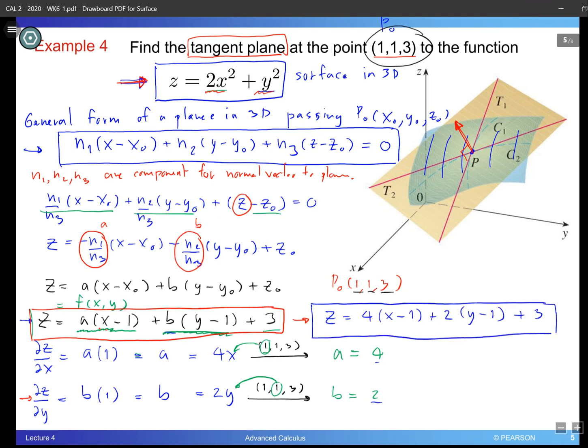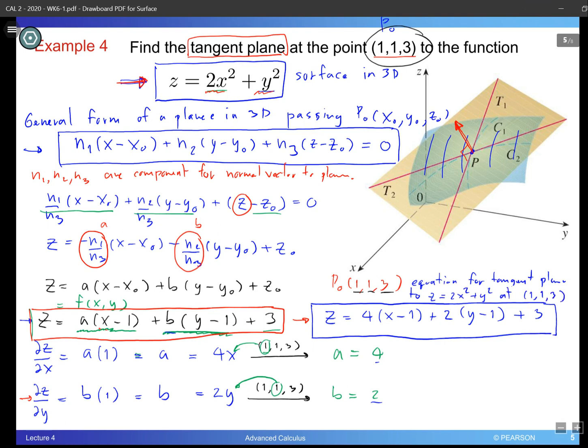So what you are looking at here is an equation for the tangent plane to this function that they give to us, z equal to 2x squared plus y squared, at this certain point (1, 1, 3).